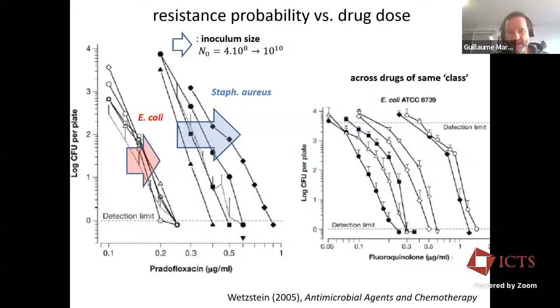But it still gives you a good order of magnitude of how likely it is that you produce a resistance mutation, actually a rescue mutation, because as we saw, producing a colony means avoiding stochastic loss when you're in a few cells. And you can see here that the rescue probability, so this is really log PFU per plate, so it's a log scale, it's a constant plus log rescue probability, drops very sharply for different lines here, and for different species, in this case, with the drug dose.